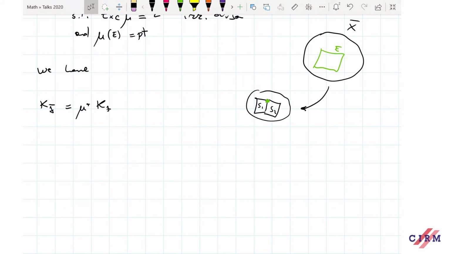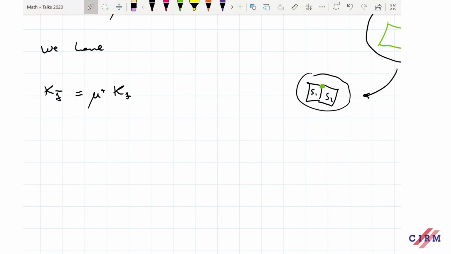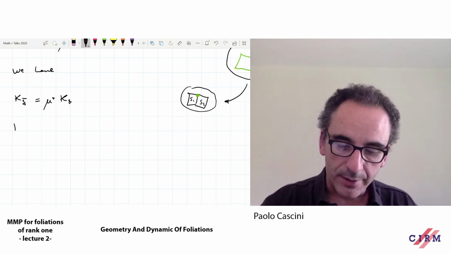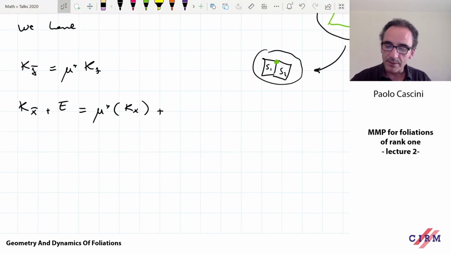Okay, and what else can we write? Let's just consider the case without, let me just prove that x is nice at the point. So let me consider what happens when I take the formula for the discrepancy in the case of x.